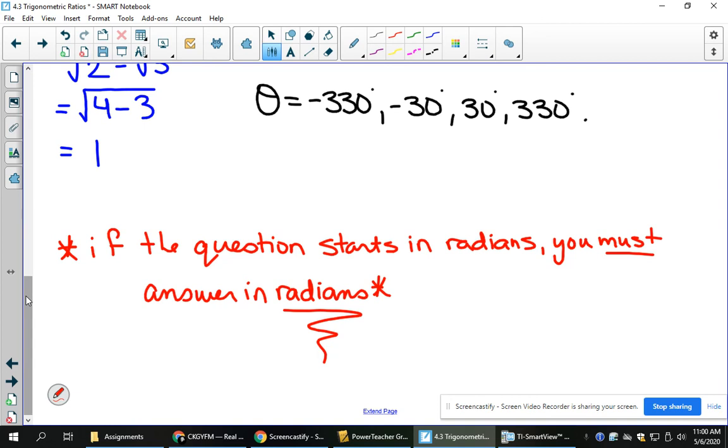So all of this work is great, but we're not quite done until we change every single answer up there into radians. So my final answer for this, and I really only have to change 2 because whether it's negative 30 or positive 30, it's the same fraction.